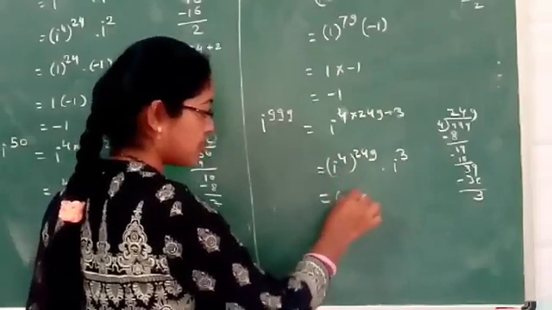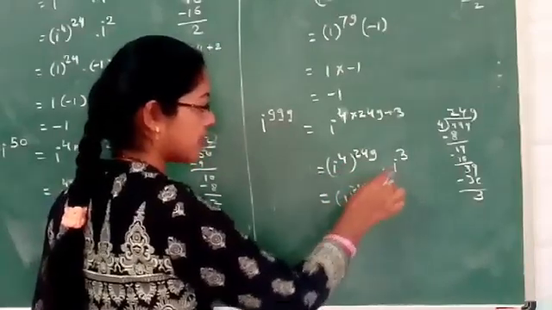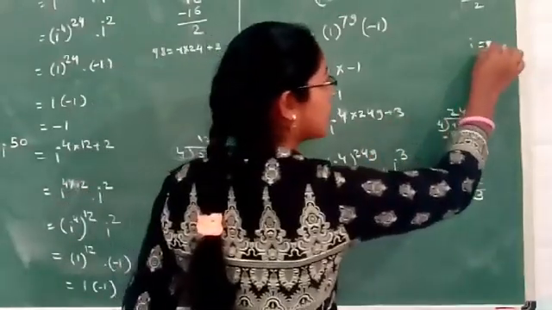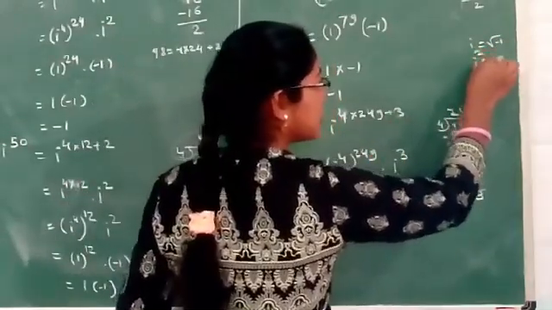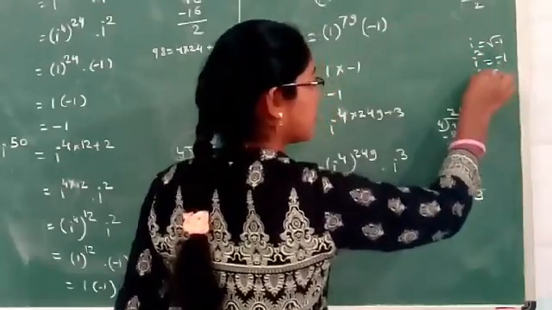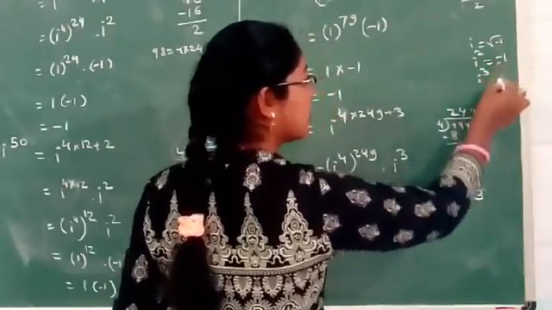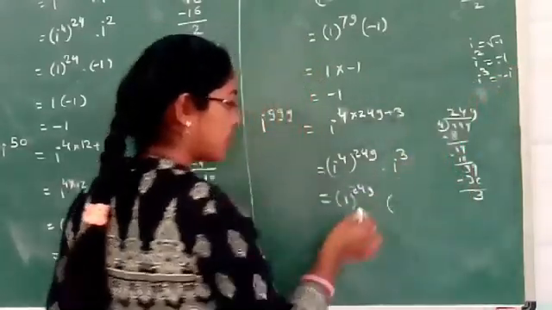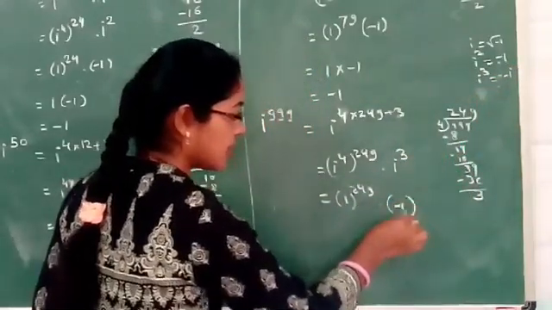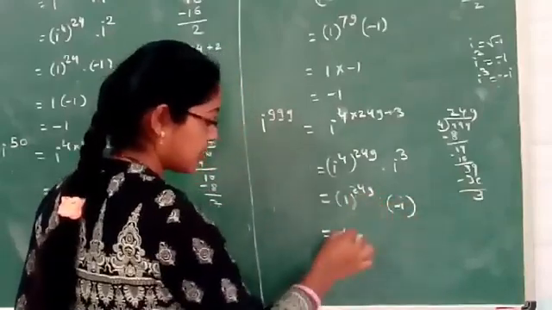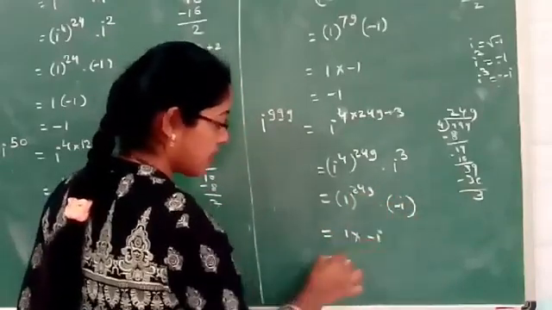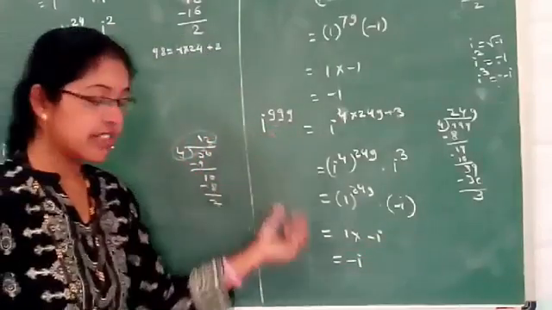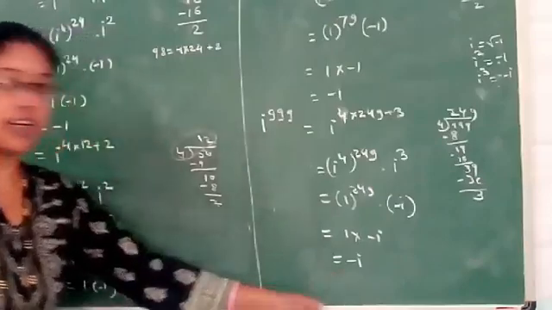So i raised to 4 is 1, 1 raised to 249 into, what is the value of i cube? i is under root of minus 1, i square is minus 1, and i cube is i square into i, which is minus i. So this answer is 1 and this is minus i. You will get the answer i raised to 999 is minus i.